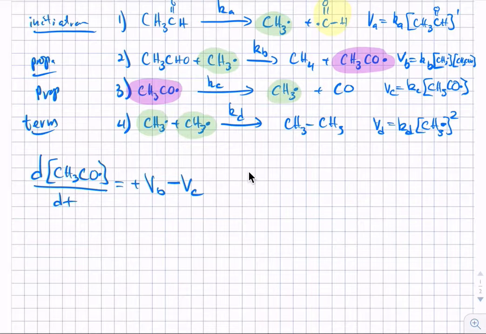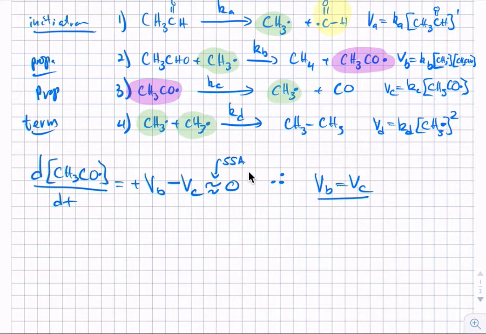Now we can apply the steady state approximation and say that this rate is going to equal 0. Therefore, I think it's always good to develop any relationships you can with these variables before you start replacing the v's with what they're equal to. So we'll say Vb equals Vc.